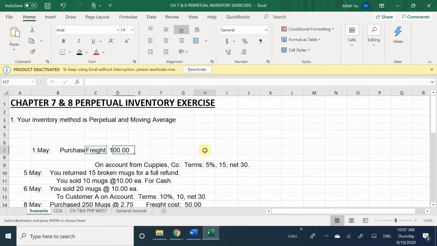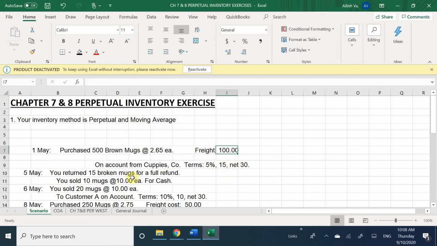We purchased 500 brown mugs at $2.65 each. Freight is $100. We purchased it on account from Cuppy's Co. Terms are 5%, 10 net 30. Oh, so we're dealing with discounts too.